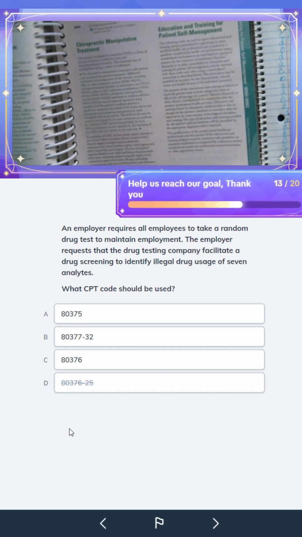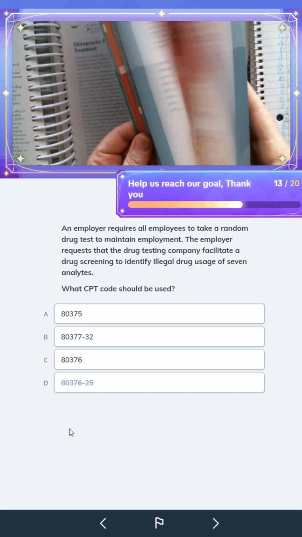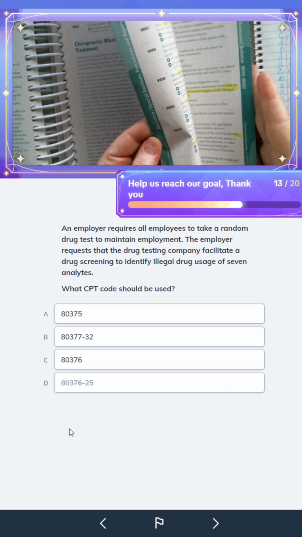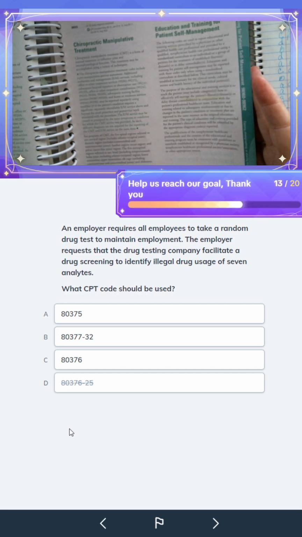This one. Let's see what we got. We got 803.